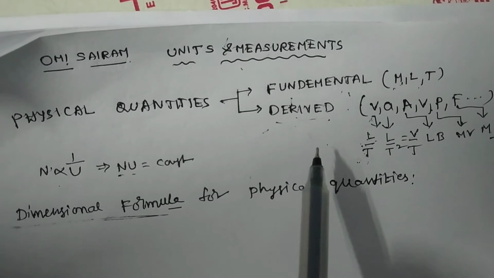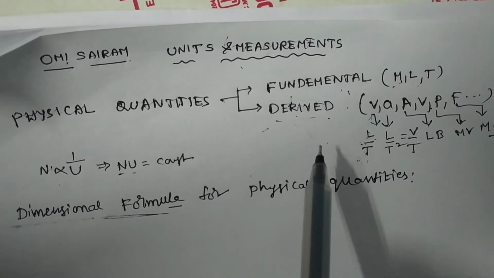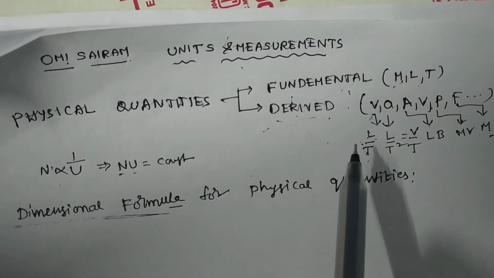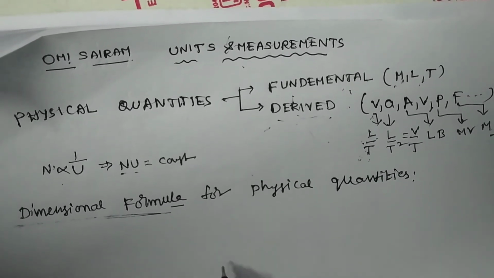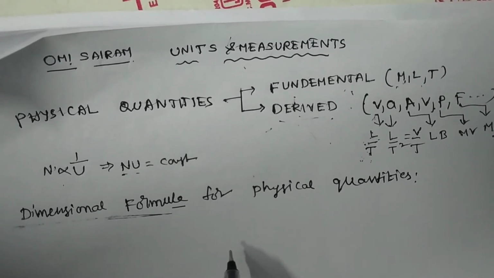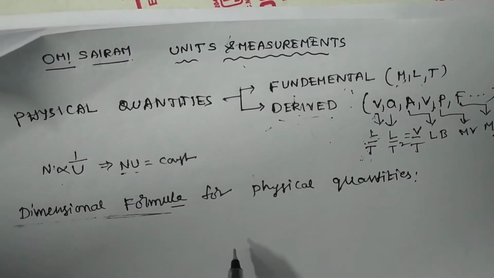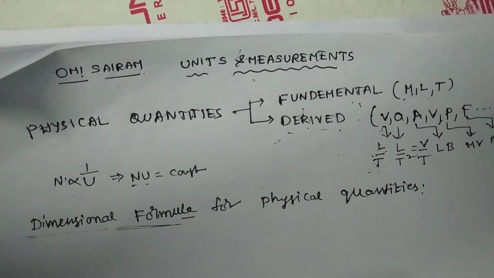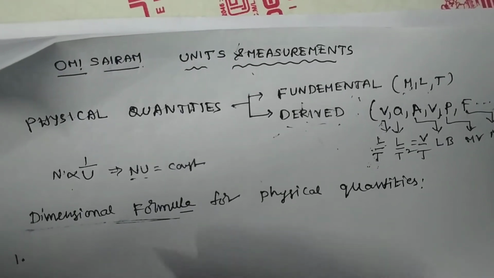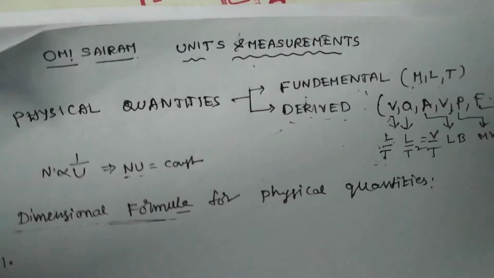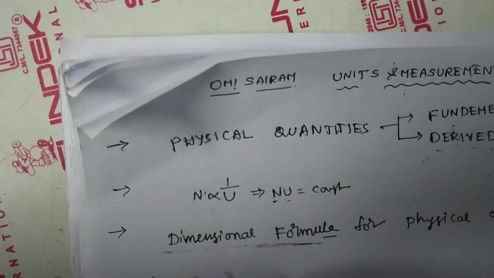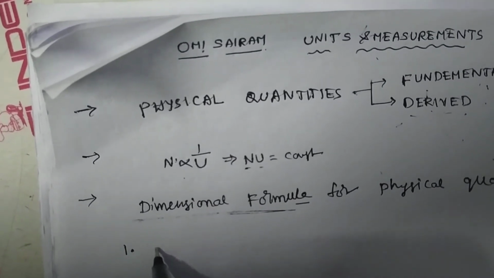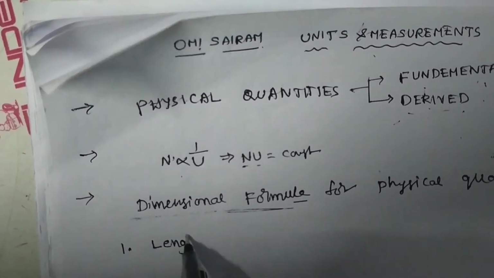Now I want to represent an equation that contains the fundamental quantities and whose powers change every time based on the physical quantity. For example, see the first one, length.